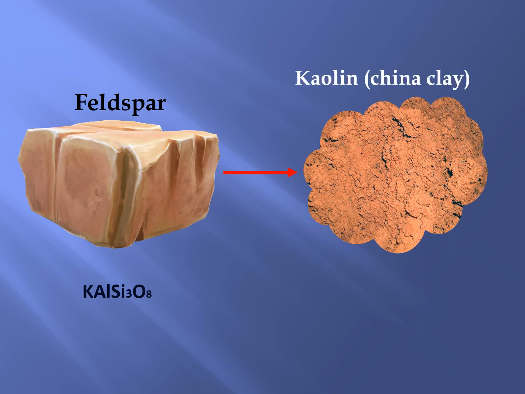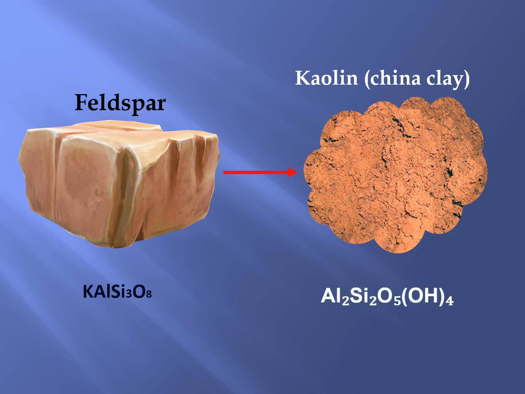Now, that is because the hydrogen ion converted the ions in feldspar, removed them, and therefore it develops a new type of compound as a result, which is much softer and easier to crumble or break down, and that's what is the clay.